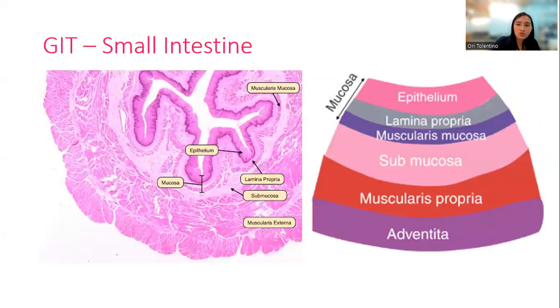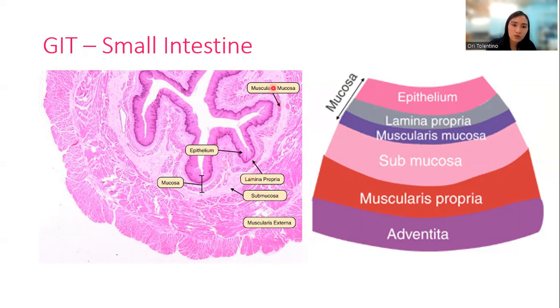Smooth muscle is found within the walls of hollow organs like the small intestine in the gastrointestinal tract. It has four major layers. The mucosa is made up of your epithelium, the lamina propria, made of connective tissue under your epithelium right here, and your muscularis mucosa.